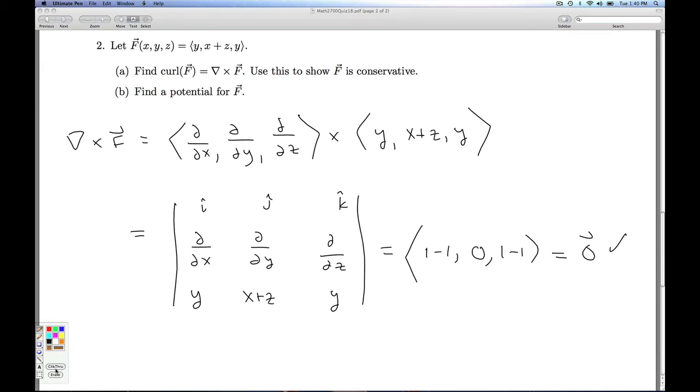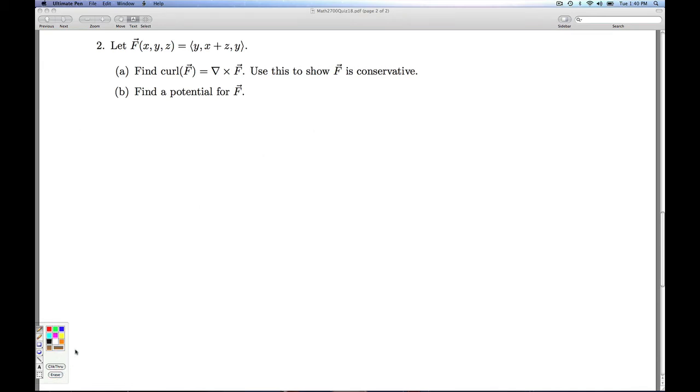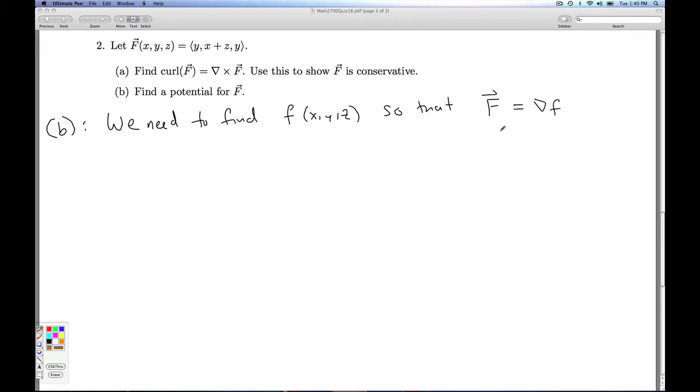Our next one, B, we're asked to find a potential for F. So remember what a potential is. What it means to be conservative is we need to find a scalar function f of three variables so that the vector field F is the gradient of the scalar function f.